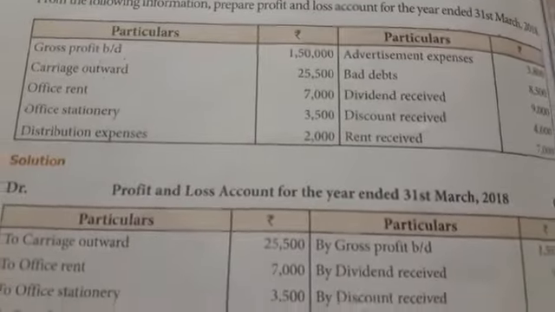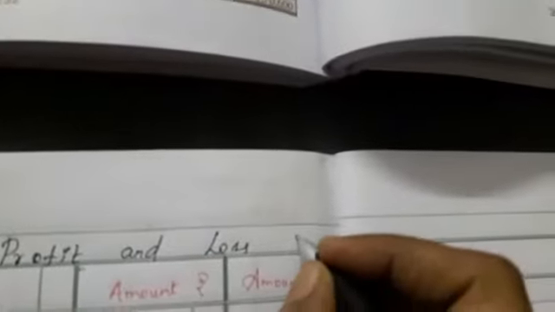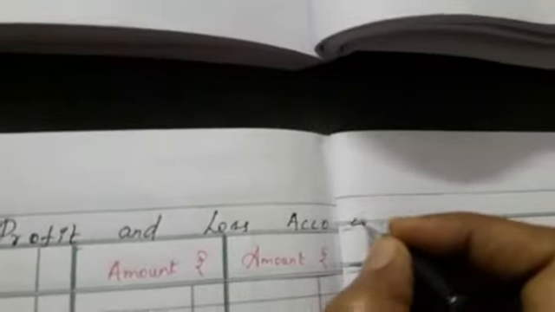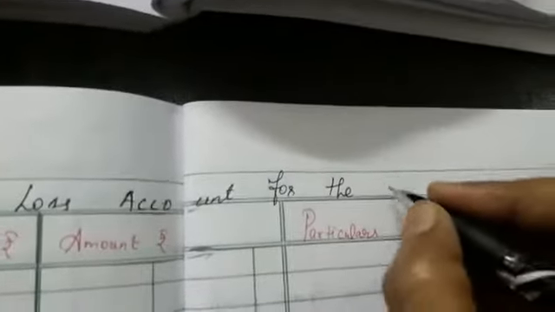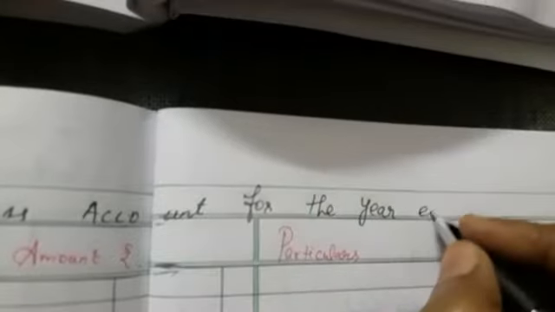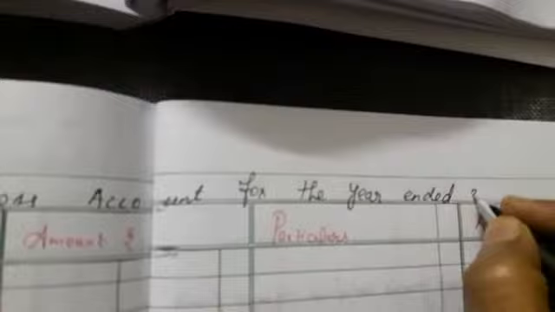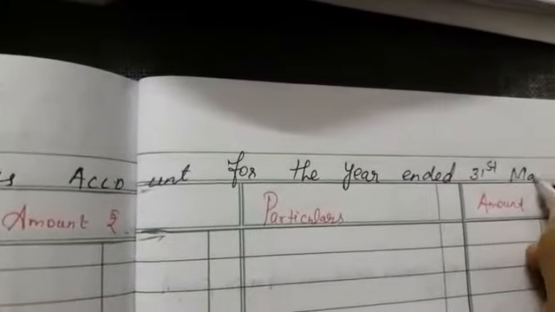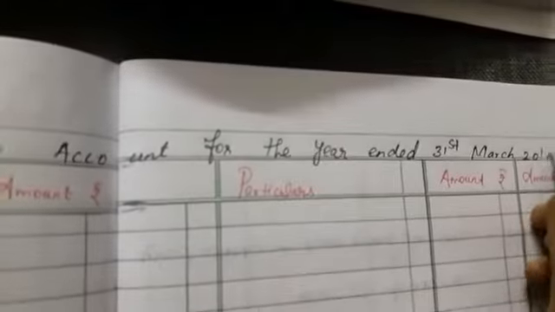252. First of all, write the heading. Profit and loss account for the year ended 31st March 2018.